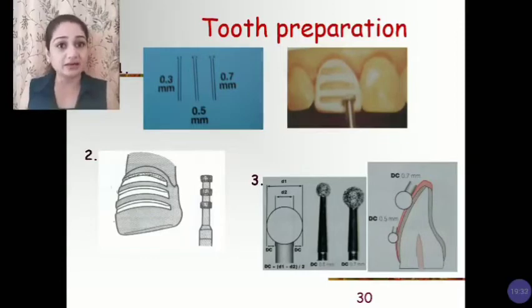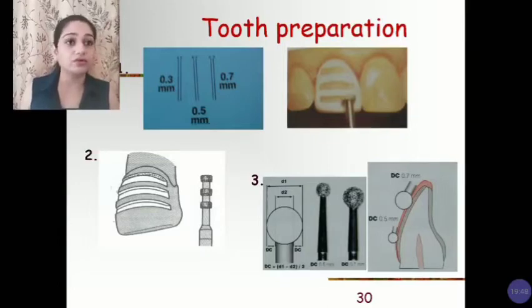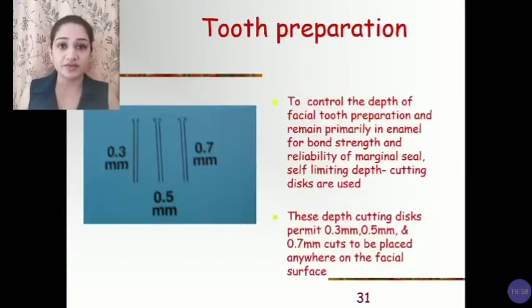In the second way, these three wheels are attached on a single diamond burr. In the third, we have round diamond burrs with different diameters, and in the third photo, we can see the preparation is done. So we will see these tooth preparation types in detail.